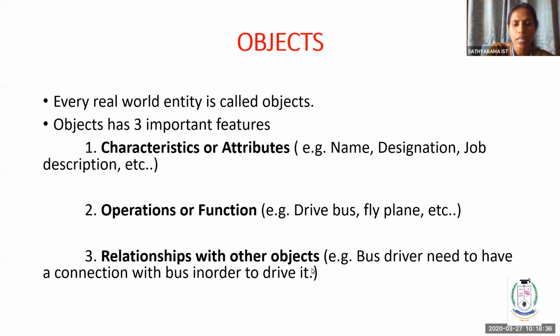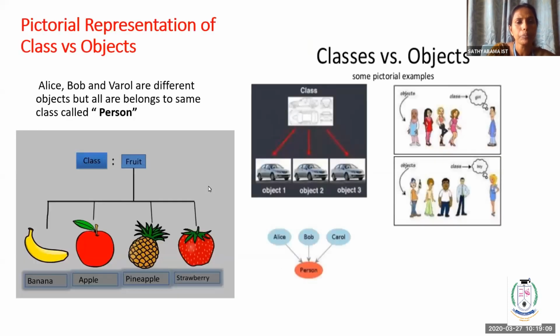So we need communication between these objects for sharing of data as well as functions. The object is the major concept, and the entire object-oriented programming is divided into three major components: attribute, function, and message passing, which is also called the relationship.